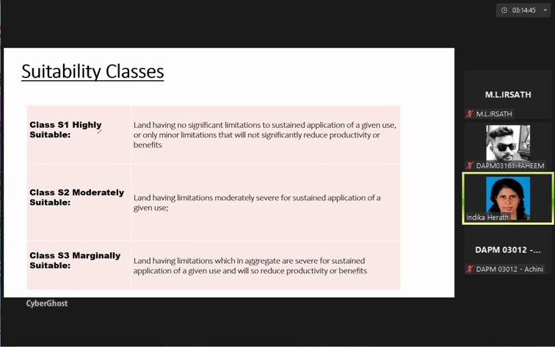As previously mentioned, starting from number 1, 2, 3, 1 is the most suitable. We can't go the other way around, like 5 for the most suitable one. So generally S1 is suitability class 1, highly suitable. Suitability class 2 is moderate, and suitability class 3 is marginal.